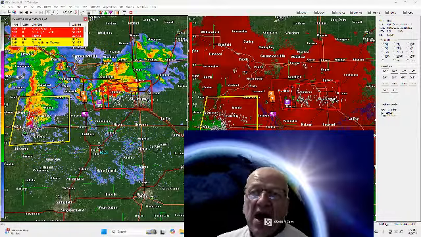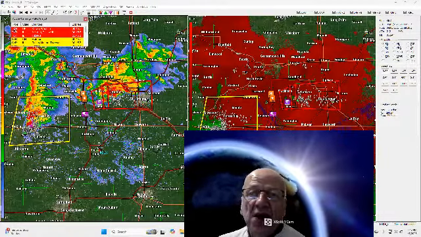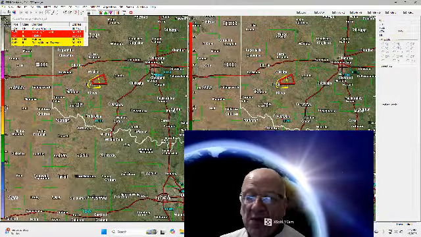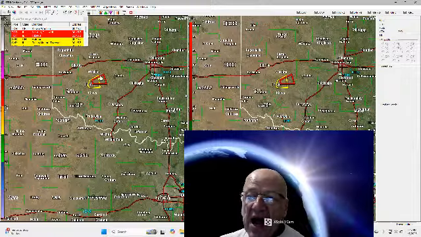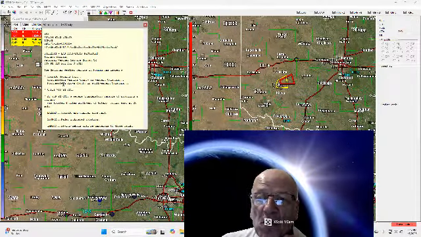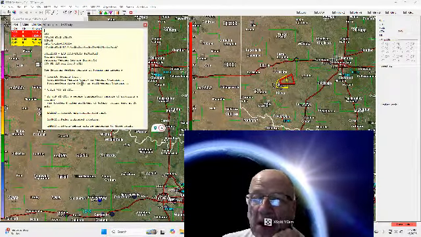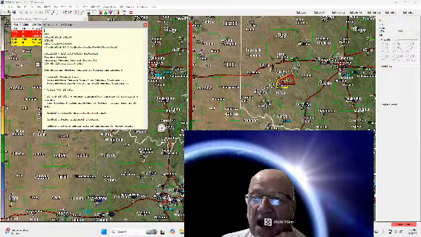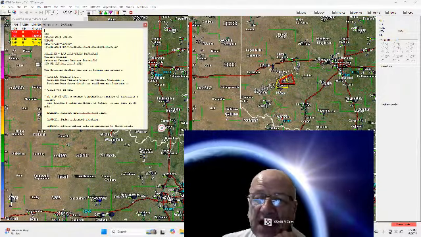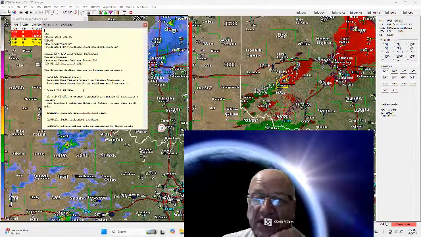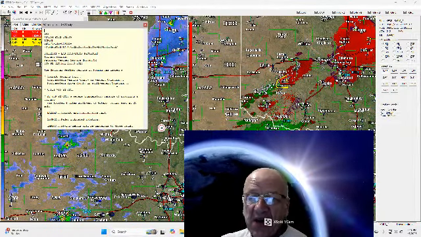We have a new tornado warning in Arkansas and Oklahoma. We're going to go to that, and we have a severe tornado warning in effect for southwestern Washita County in western Oklahoma, and southwestern Kiowa County in southwestern Oklahoma until 7:15 p.m. Central Daylight Time.